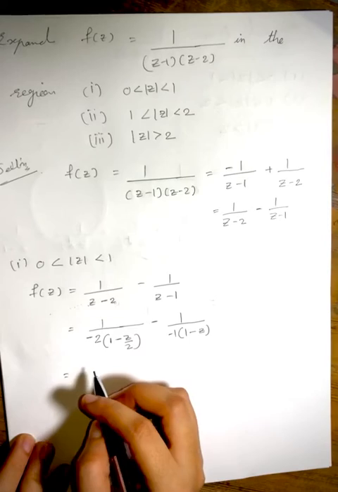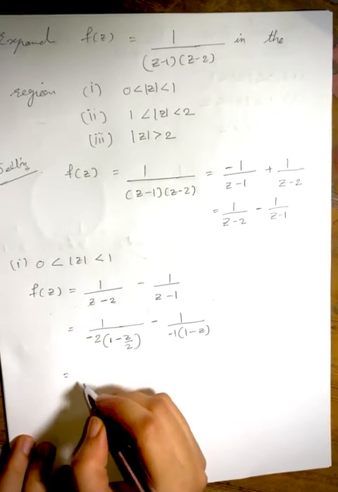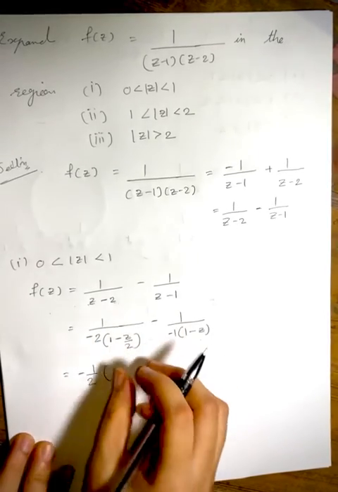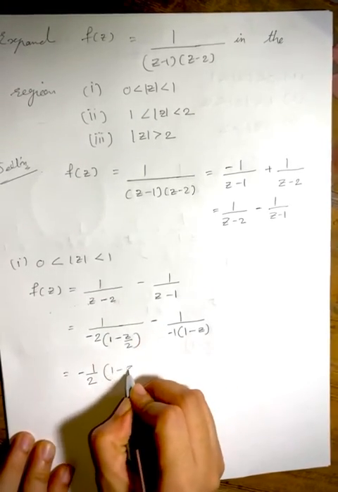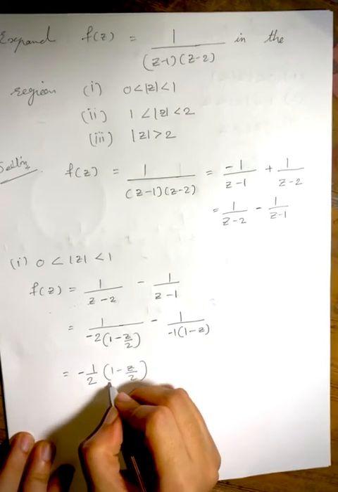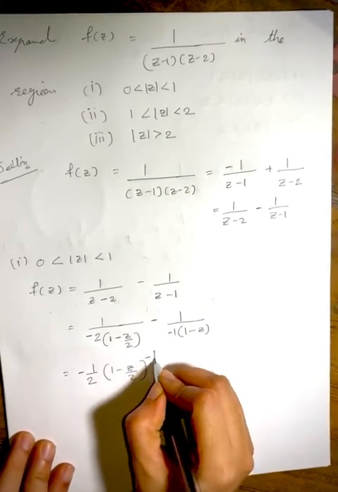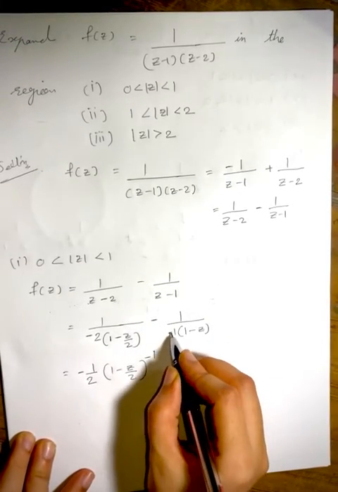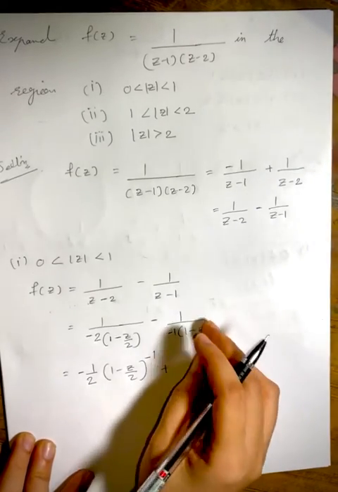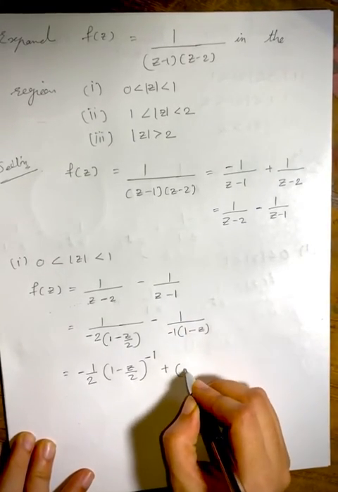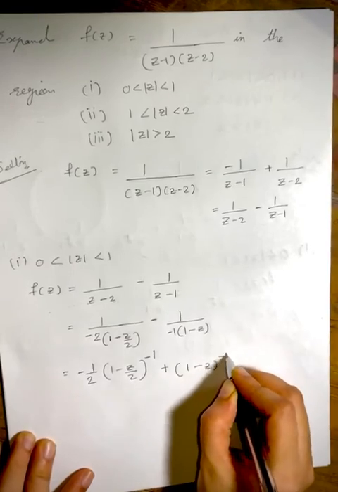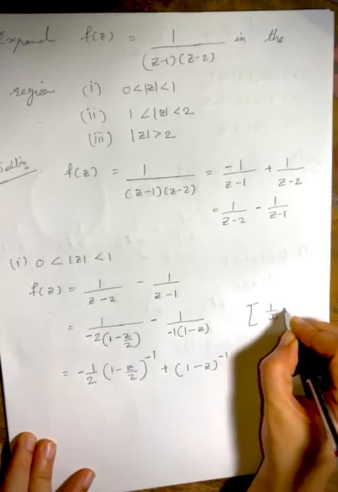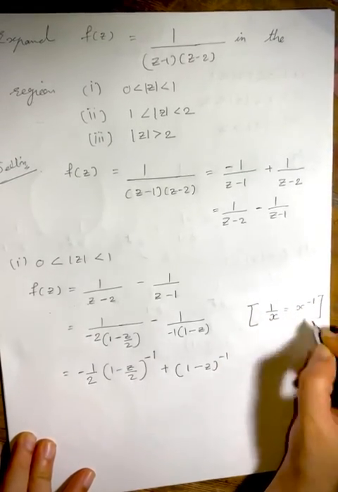So then I can write it as minus 1 by 2, and since this is 1 upon 1 minus z by 2, I can write it as (1 minus z by 2) to the power minus 1. Similarly, this minus minus will become plus, and 1 upon 1 minus z can be written as (1 minus z) to the power minus 1. It is just like 1 upon x is equal to x to the minus 1.